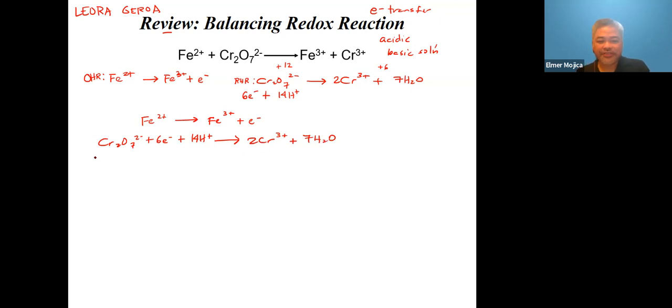So all we need to do now is make sure they have the same number of electrons because ang main definition ng redox reaction is a transfer of electrons. So the electron that was lost should be equal to the electron that was gained. So in this case, kailangan i-multiply mo to ng 6. And then you cancel them out and then bring down everything.